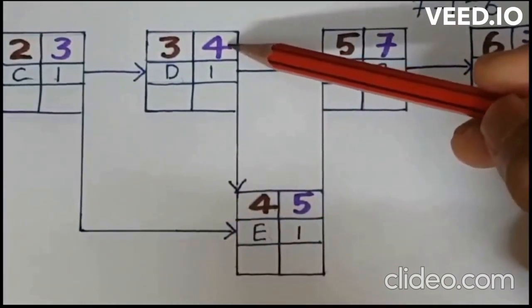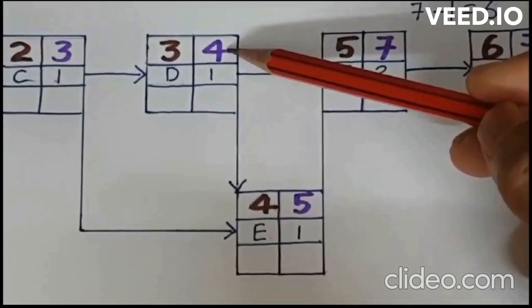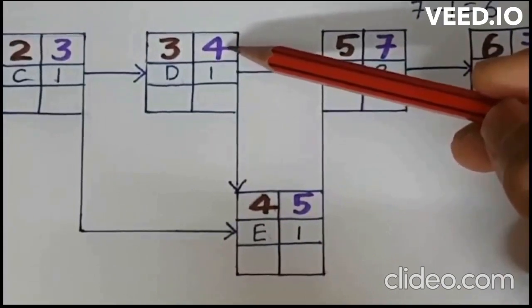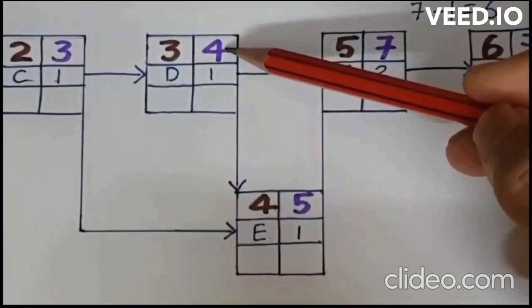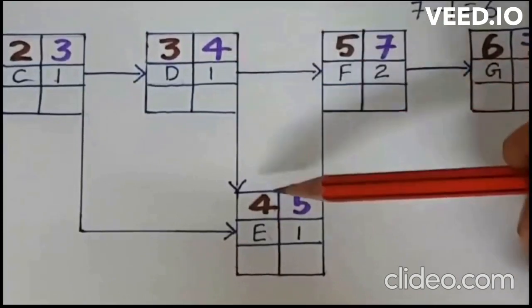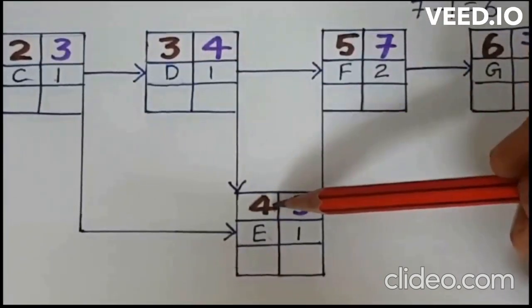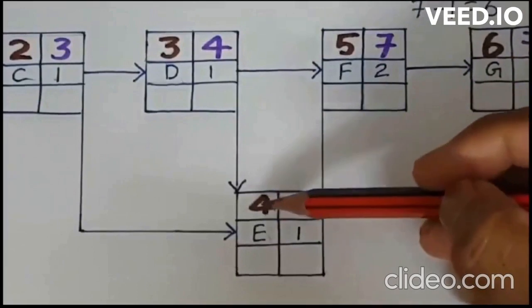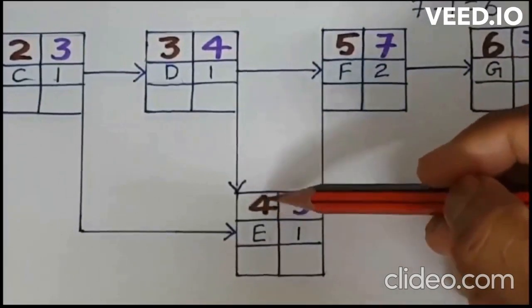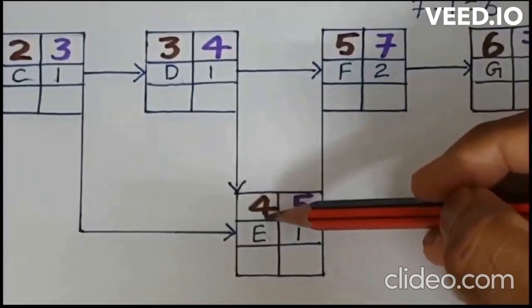So 4 is the maximum value, which is the earliest finish time of activity D, which can be taken as the earliest start time of activity E, and you can write this number 4 here.